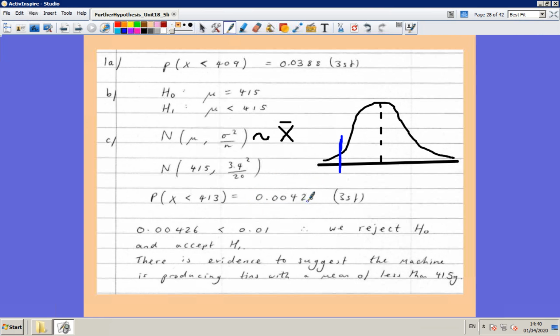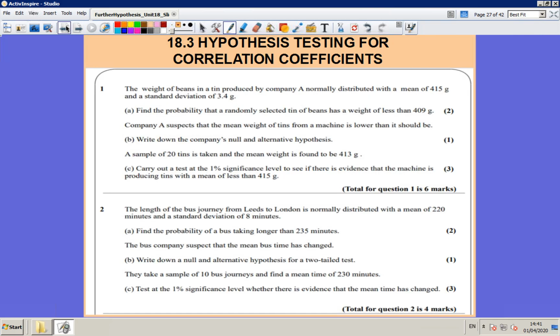Okay, and because this probability is less than the 1% that we're testing against, then what we say is that there is evidence at the 1% level to suggest that we can reject the null hypothesis. I would go with that language rather than talking about accepting the alternative hypothesis, okay? So go with that language of there's evidence at the 1% level to reject the null hypothesis.